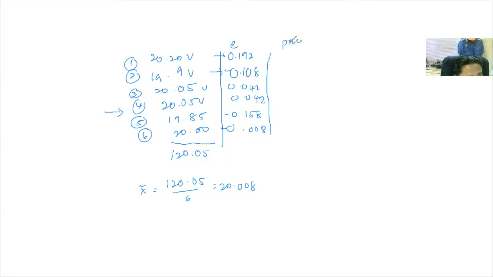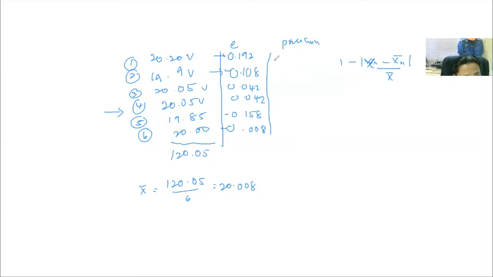From this we can calculate the precision. The formula for precision is 1 minus the absolute value of (expected minus measured, we call it yn) divided by the expected. Then you can get the precision.